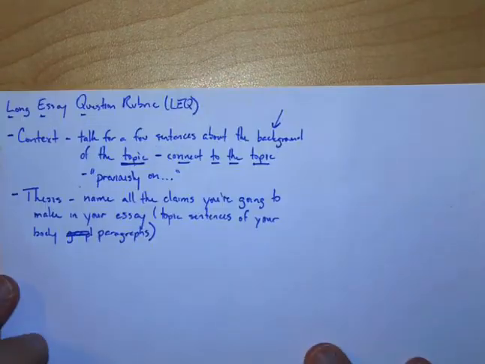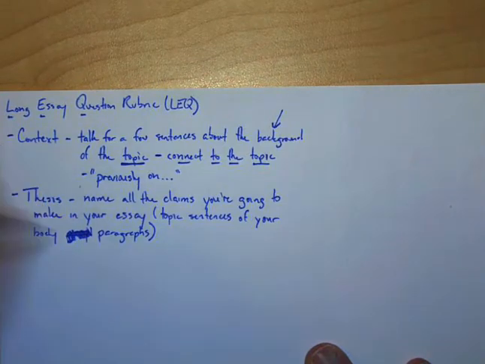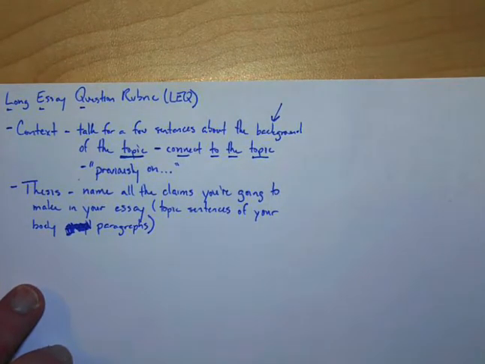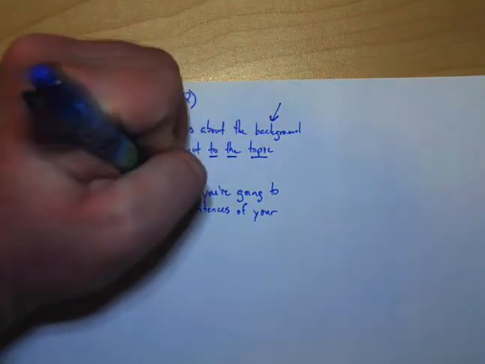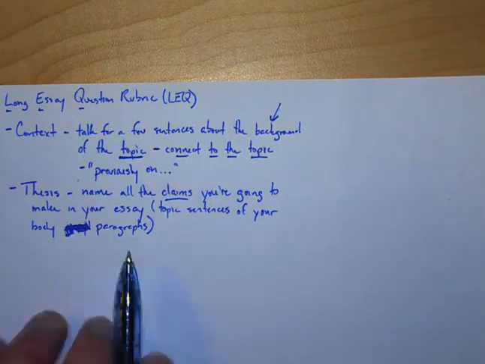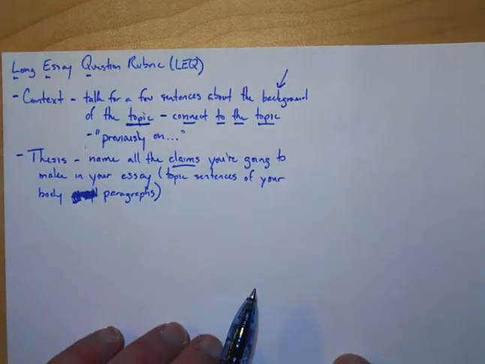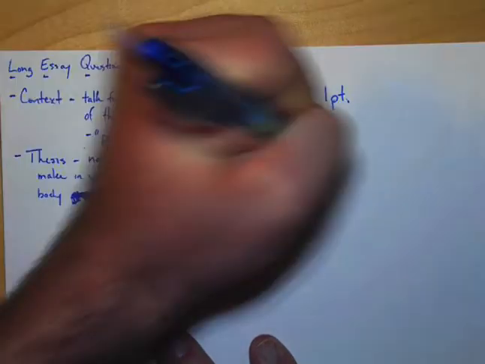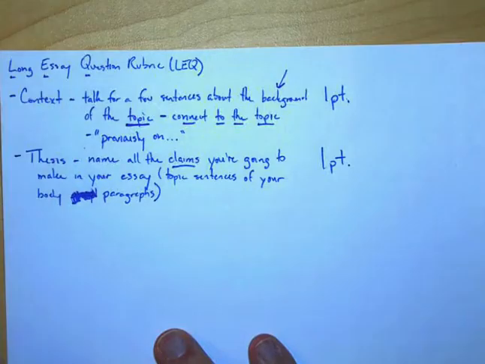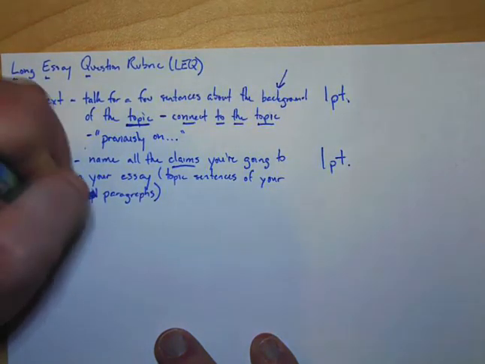Just name the claims. If you want them to be exactly as you wrote them, that's fine. It doesn't matter. You're just going to name all the claims you're going to make in the essay. And these are just the topic sentences of your body paragraphs. That's it. Now, the rest of the points, so this is 1 point. This is 1 point.